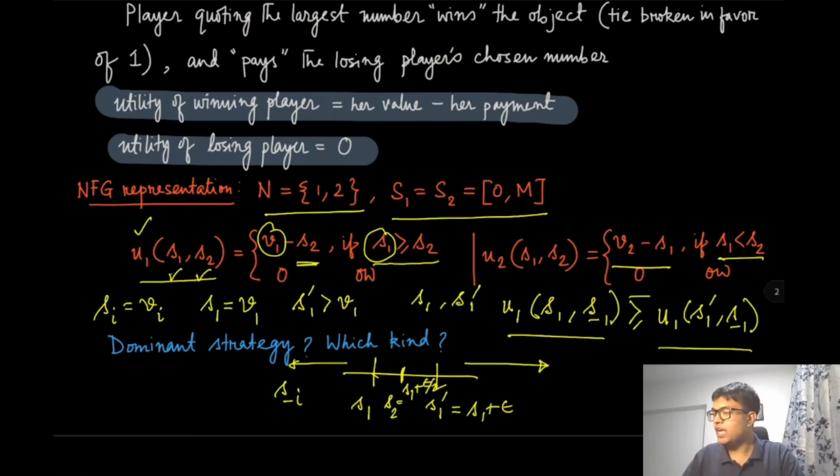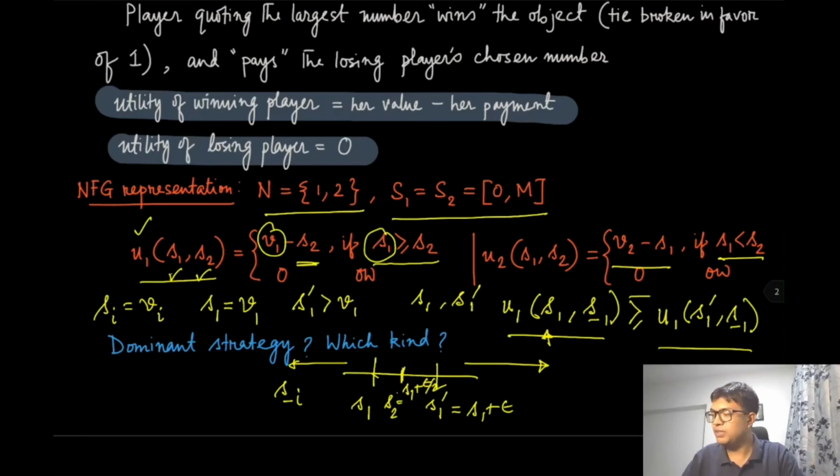If you had reported S1, the good thing is that you would have lost this item, and your utility would have been 0. But if you had reported S1 prime, which is larger than the value of S2, you still win the object, and you pay this S2, which is actually larger than your valuation.